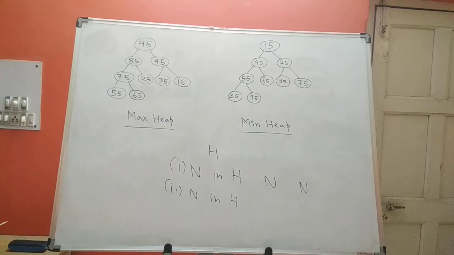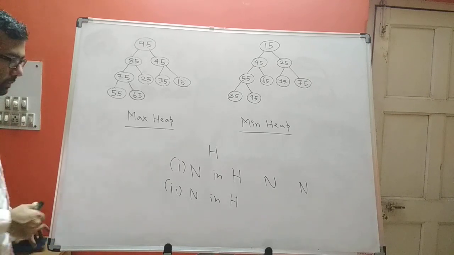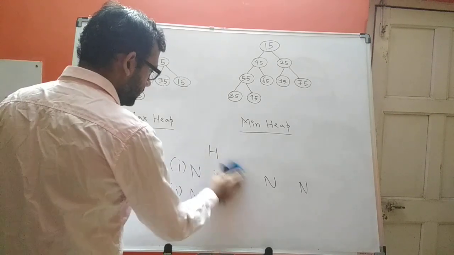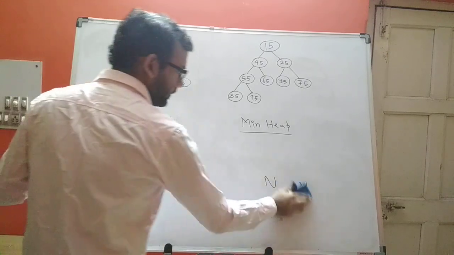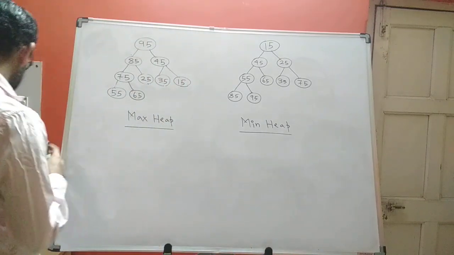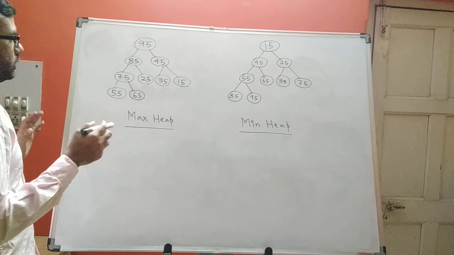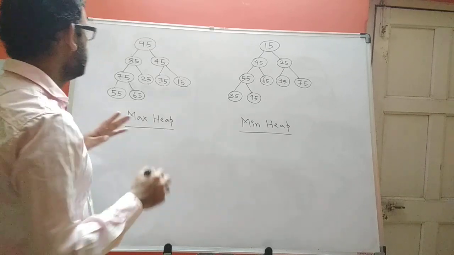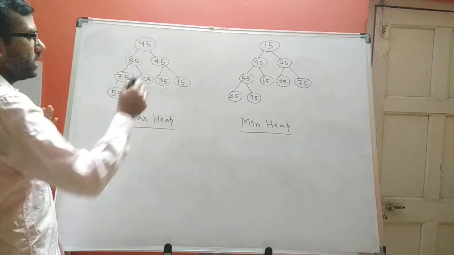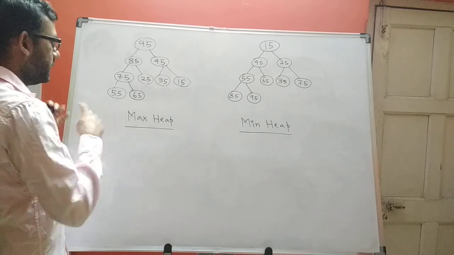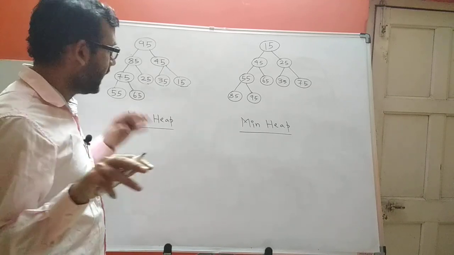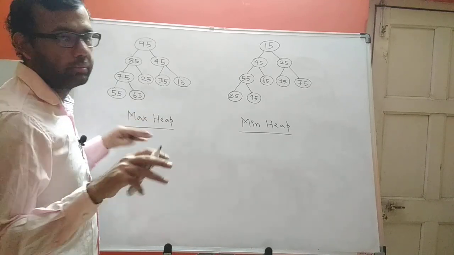Now I'll take up 2 examples, as you can see on the board, and I'll try to explain them in the context of the definition that I just dictated. Now let's try to understand what a max heap is. You follow the definition and you consider every node. I'll show you how the definition is satisfied for every node in my max heap.